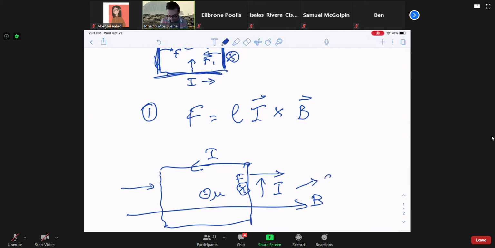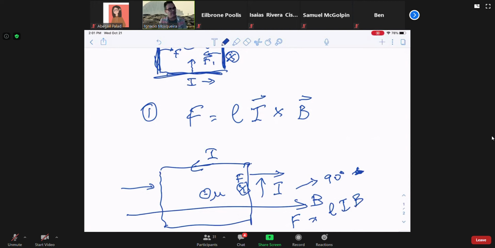It's 90 degrees, right? There's 90 degrees between I going up and B to the right. So sine of 90 is 1. Then the force would just be L, the length of the wire on that side, times I, the current, times sine of 90 times B.